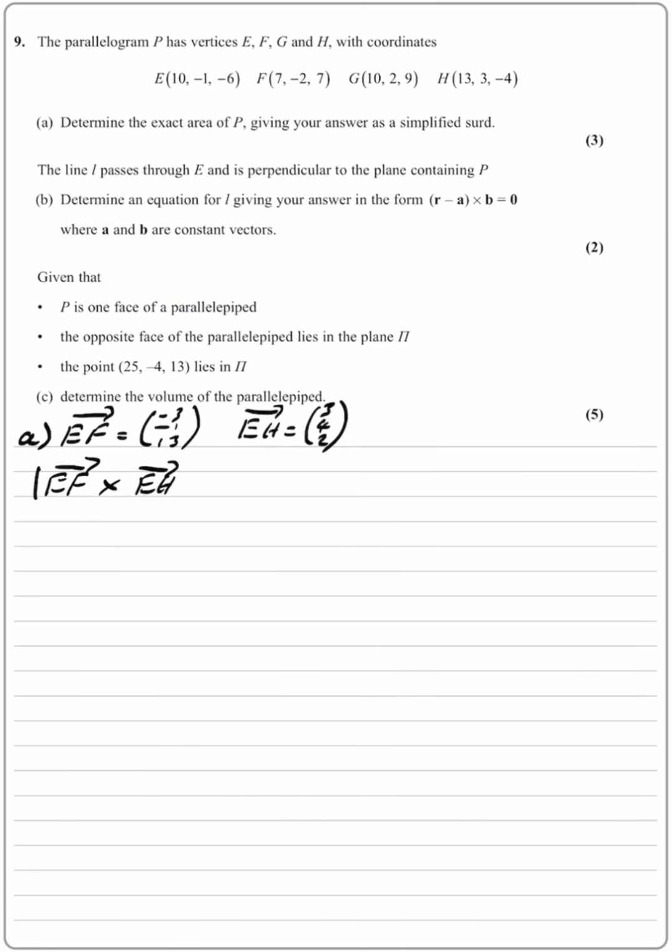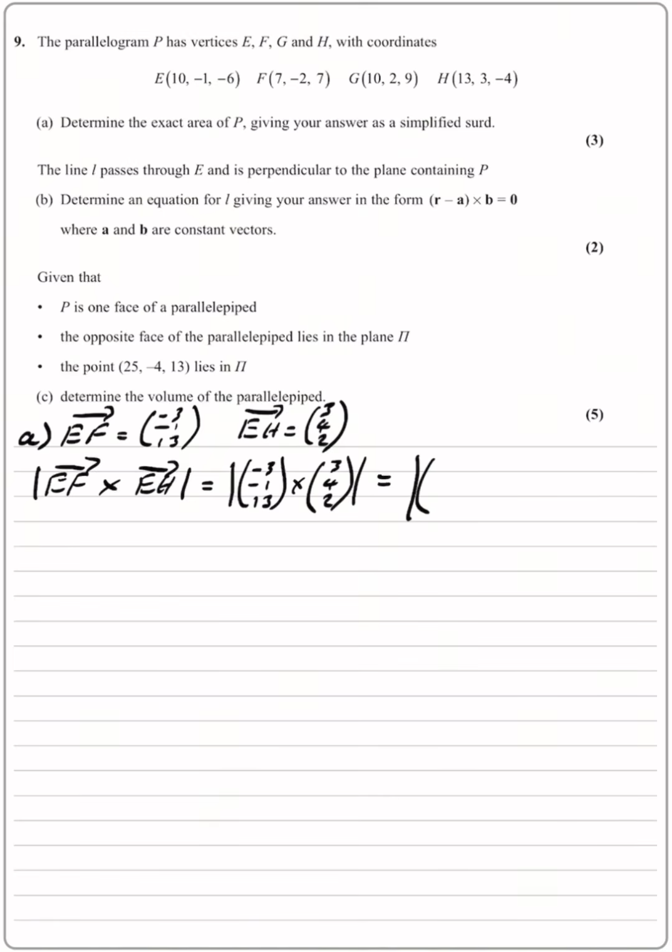Cross product of that will be negative 1 times 2, subtract 13 times 4, and then 13 times 3, subtract negative 3 times 2, and lastly negative 3 times 4, subtract negative 1 times 3.